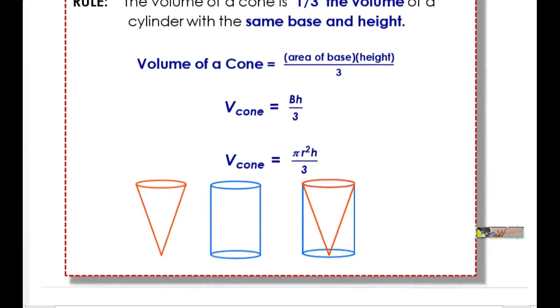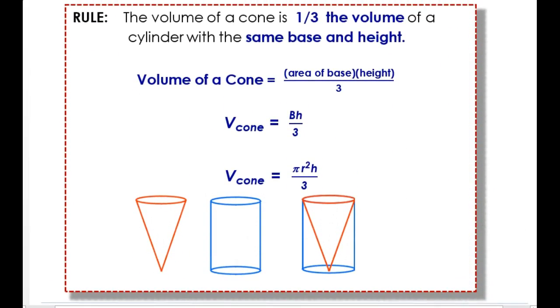Okay, here's a nice handy dandy rule. For instance, if I have this cone that would nicely fit inside the cylinder, so it has the same height and base, then its volume is going to be 1/3 the volume of that cylinder.